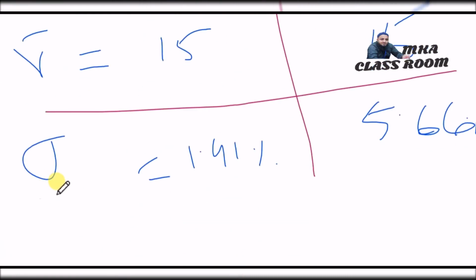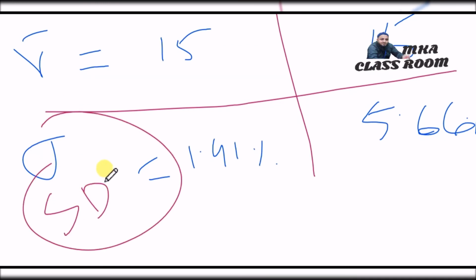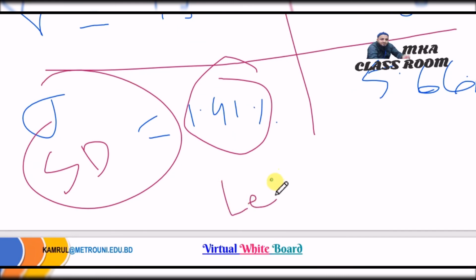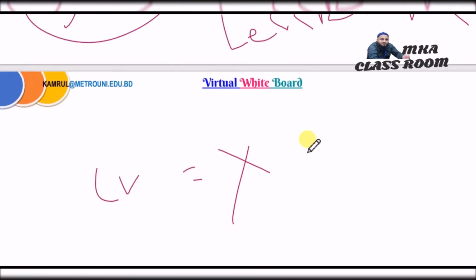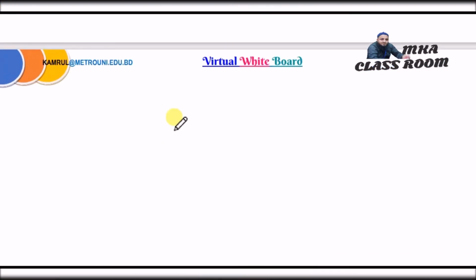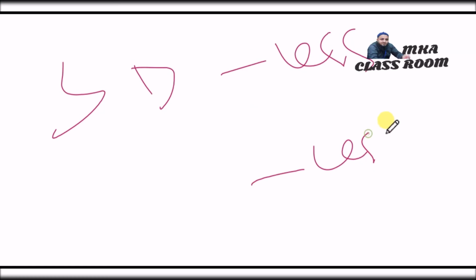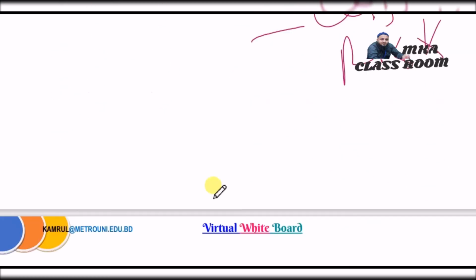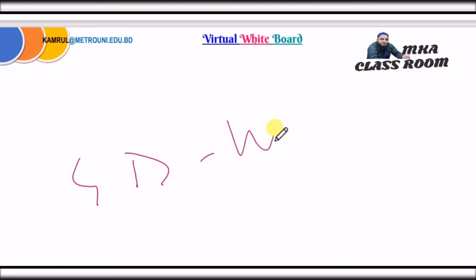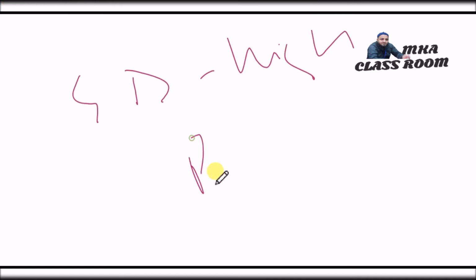On the basis of standard deviation, we can say which one is less risky and which one is more risky. So here is a question of choice. Less standard deviation means less risk, and more standard deviation means more risk. As a rule, if the standard deviation is less, it means less risk. If the standard deviation is high, it means risk is high.